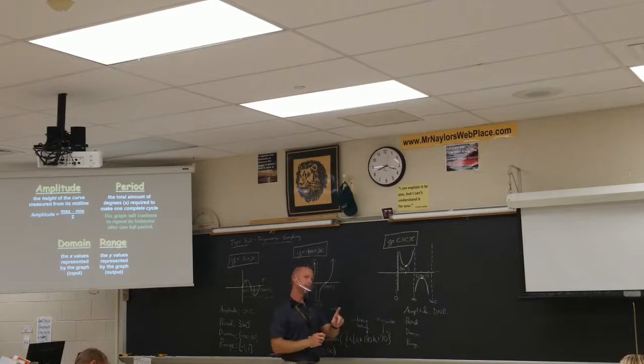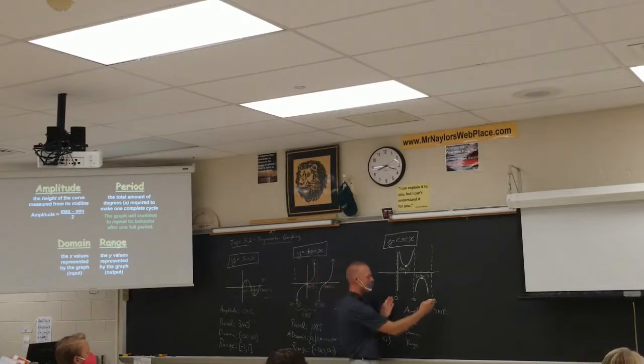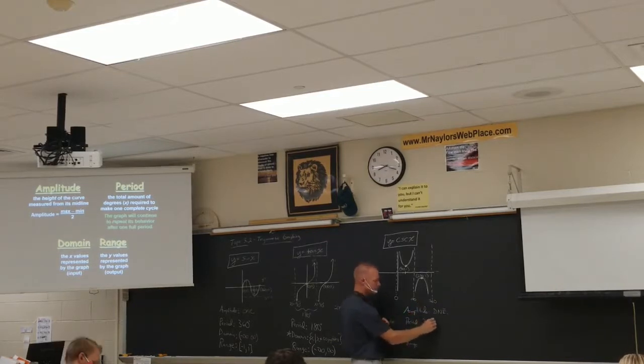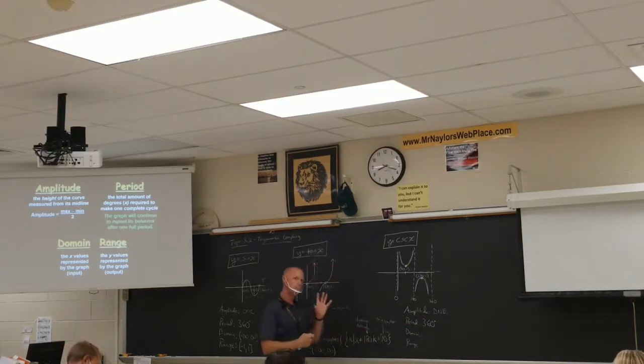I need both to be able to see the whole graph. How much x is required to see the positive and negative? You can see that the asymptotes are helpful. Okay, but I need 360 degrees to go through a positive and a negative.